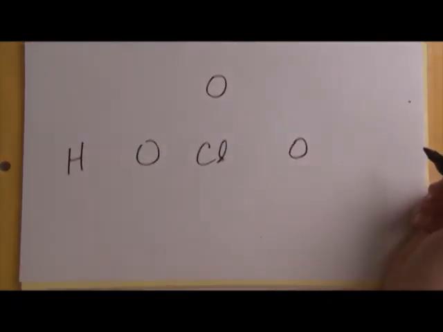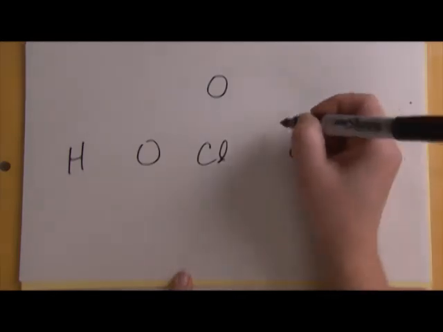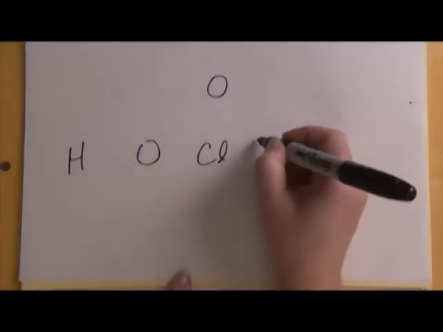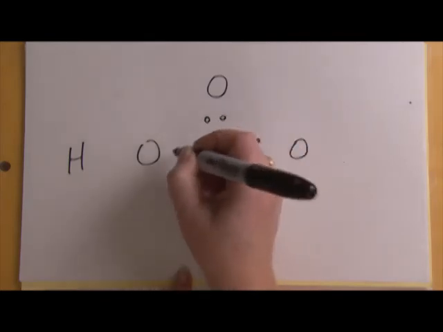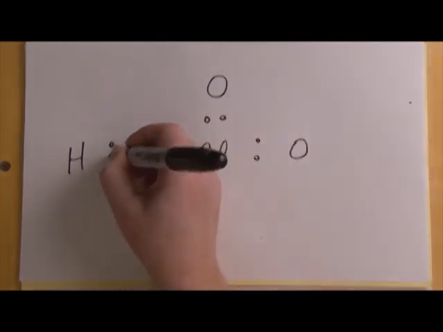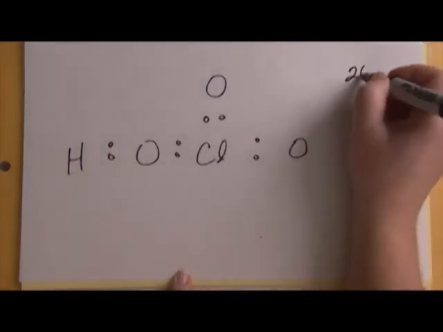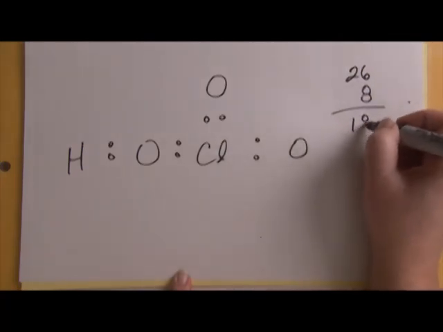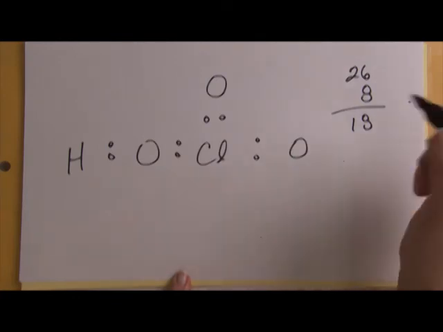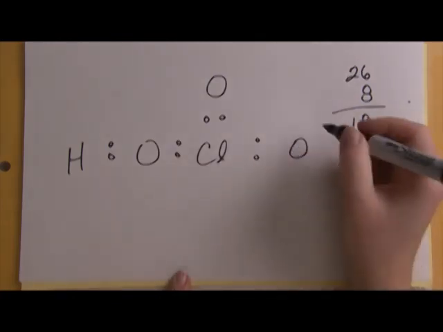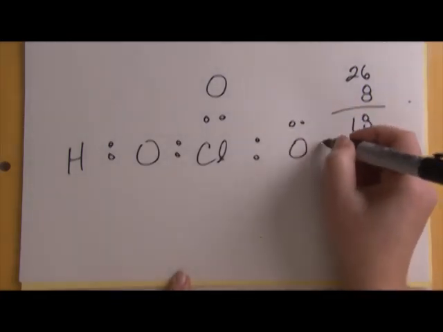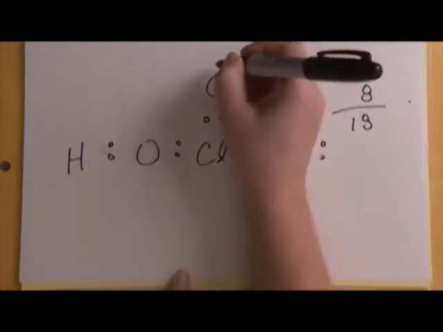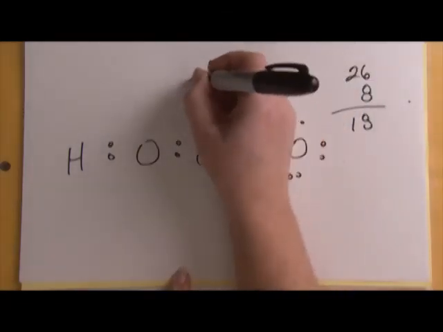We are up to step 3, which is to put electrons in all of our central bonds. So I get 2 here, 2 here, 2 here, and 2 here. So out of my 26, I've used 8 of them. That knocks me down to 18. Next step is to start filling up the octets around the outside. So an octet here, octet here.